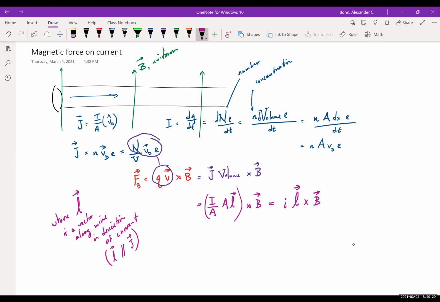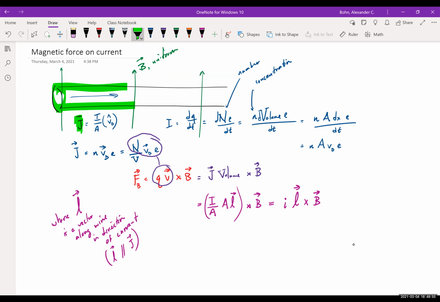Suppose we have a wire of circular cross-section in which there is a current flowing such that we can define a current density vector. And we did this back when we were discussing Ohm's law, current and EMF.